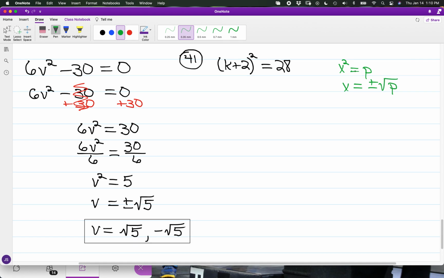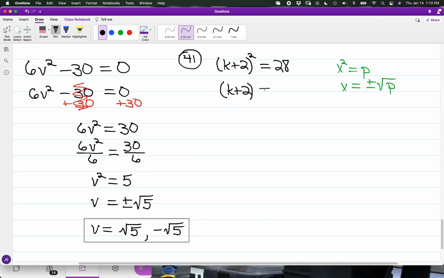Here we have x represented by k plus 2. So if I were to lower from second to first order in k plus 2, you have plus or minus the square root of 28. Now, the square root of 28 is not a perfect square number, but it is one that you can reduce.